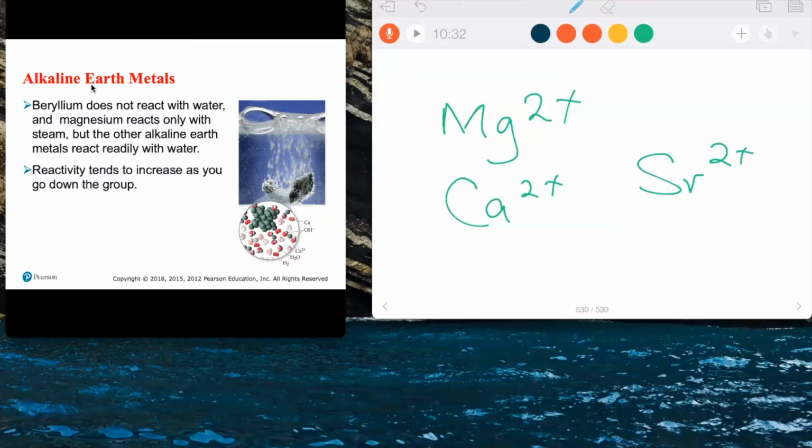They readily react with H2O. The reactivity keeps on increasing as you go down the group. At the top is beryllium, which does not react, but as you go down, magnesium, calcium, strontium, barium, they do react with H2O.